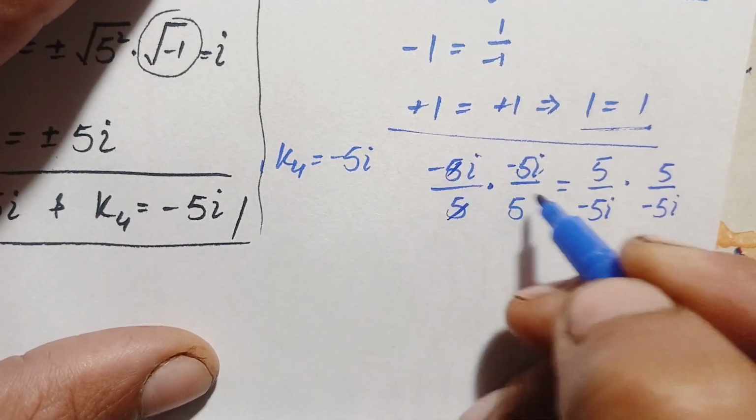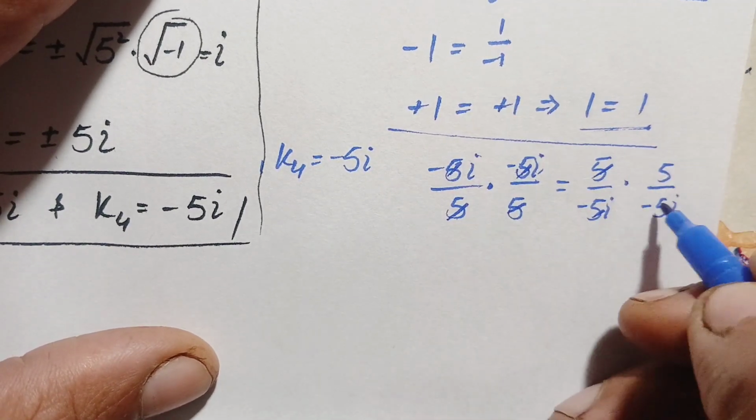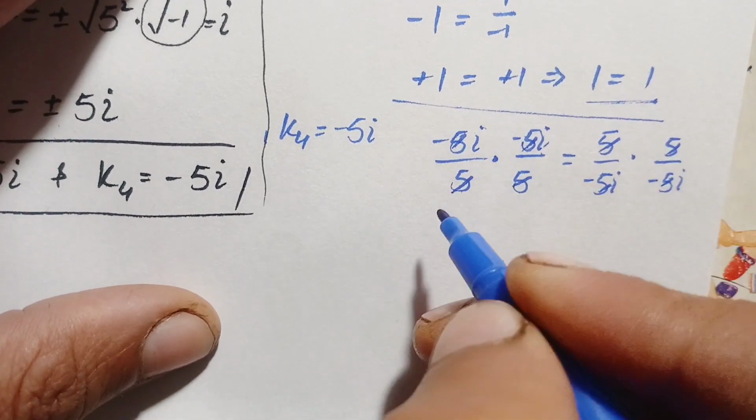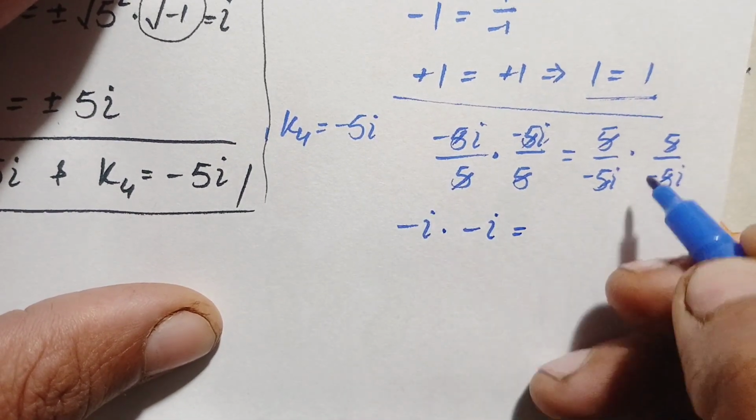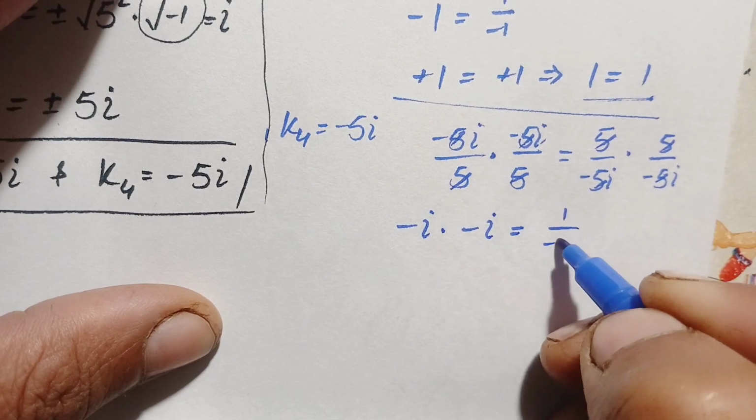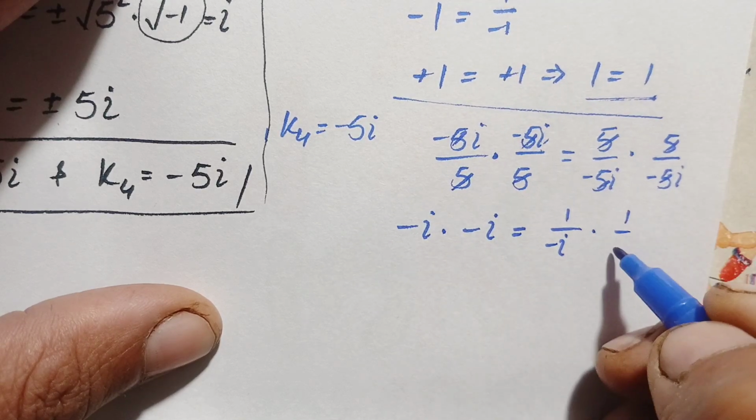Let's cancel 5 with 5, so here only negative iota times negative iota are left, and here only 1 by negative iota times 1 by negative iota is left.